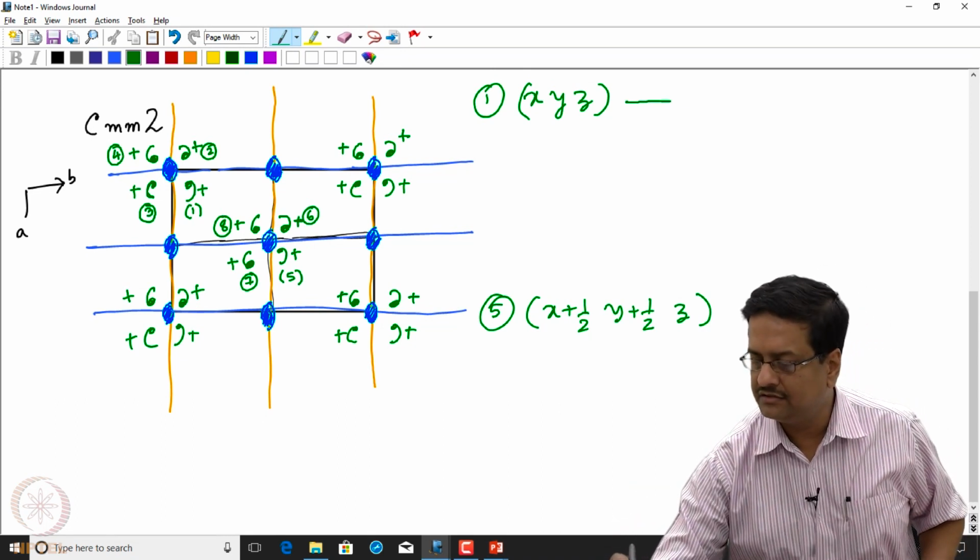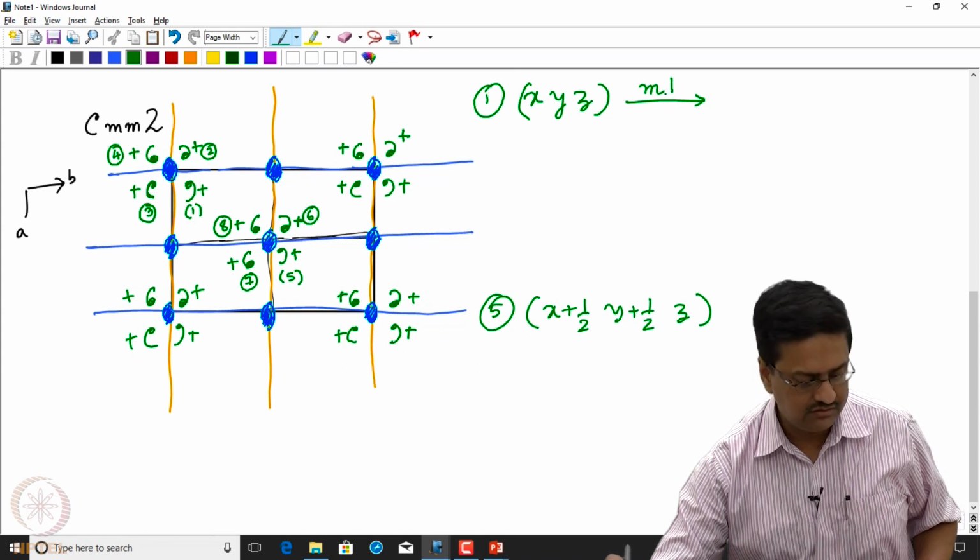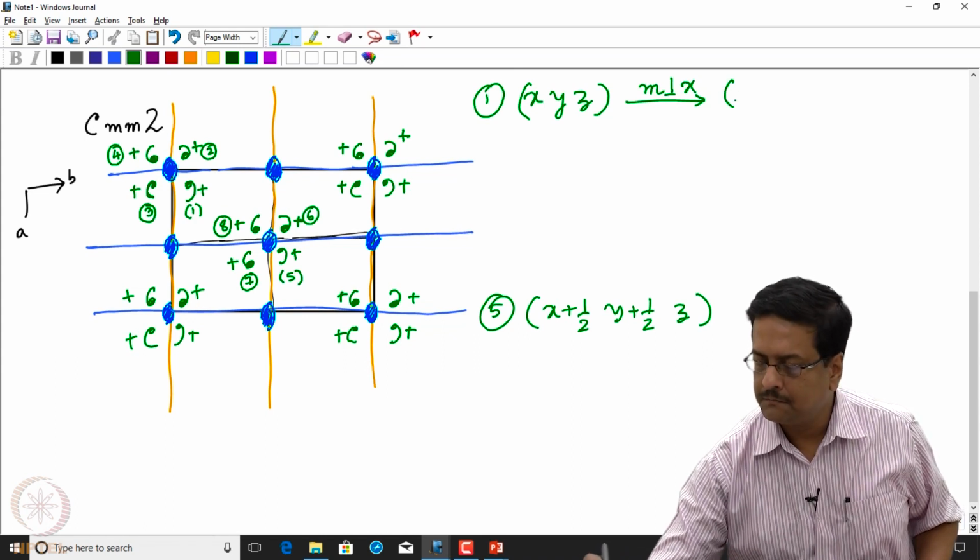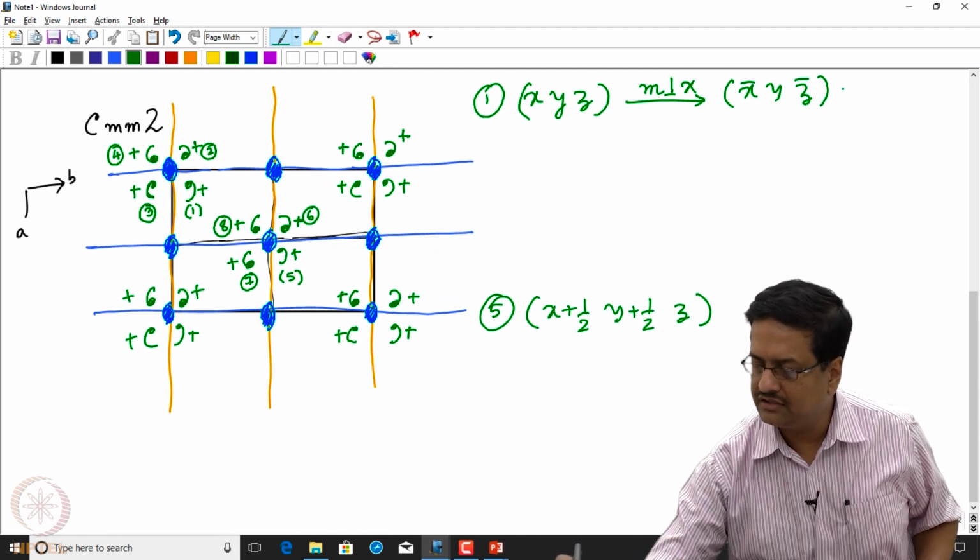So x, y, z, I apply a mirror perpendicular to x, I get x bar, y, z as my point number 2.